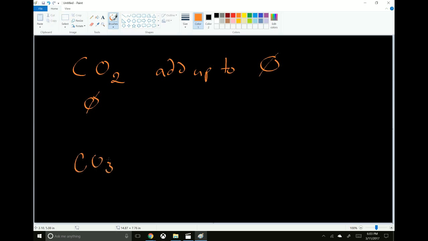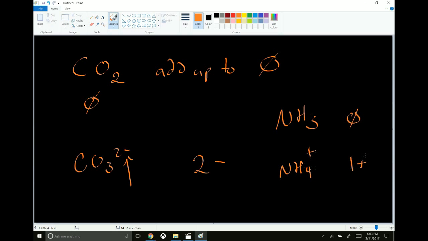For CO3 2-, all of them together have to add up to 2- because that's the charge on the whole thing. Similarly, NH3, the oxidation numbers for all 4 atoms, the nitrogen and the 3 hydrogens, have to add up to 0. For NH4+, it has to add up to +1.